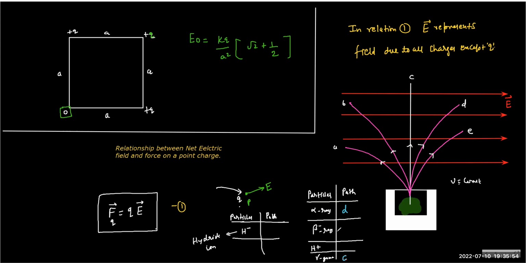So we need some differentiating factor because everyone is going to get the same E. Charge will matter, that is for sure. But I think there is one point you are missing. Can you guess what the point is?